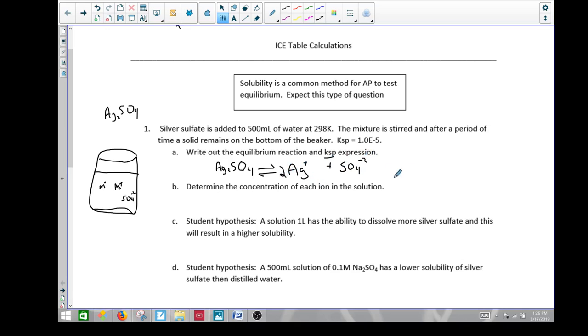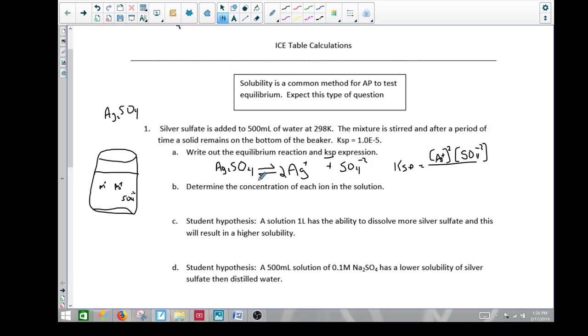My Ksp expression is Ksp equals the concentration of products over reactants, so it's the concentration of Ag+ squared times the concentration of SO4 2-. Don't forget your charges on these, they'll mark that wrong.